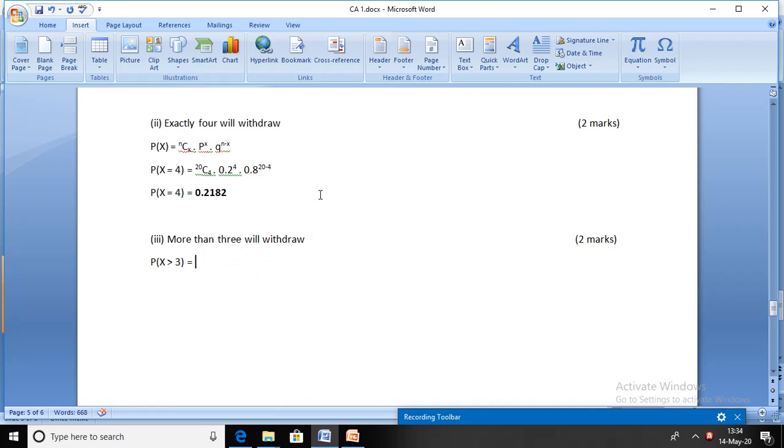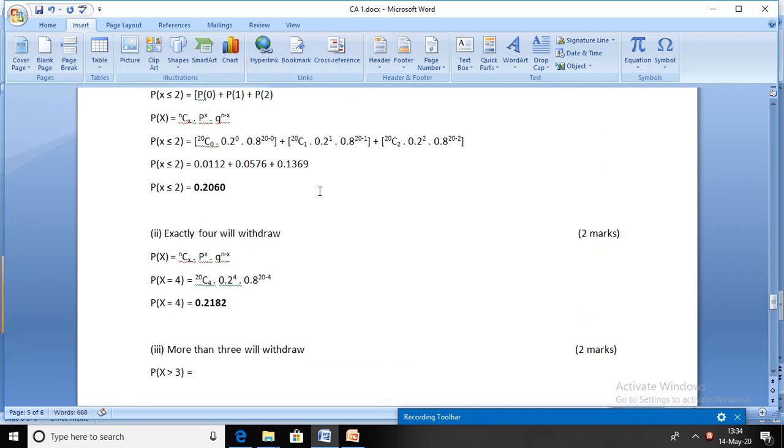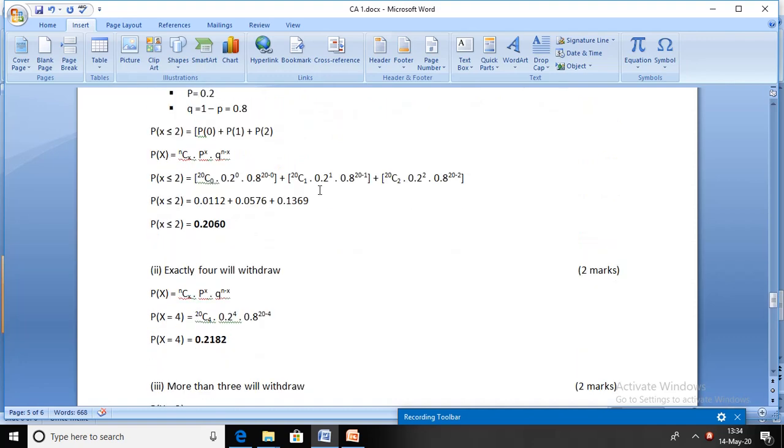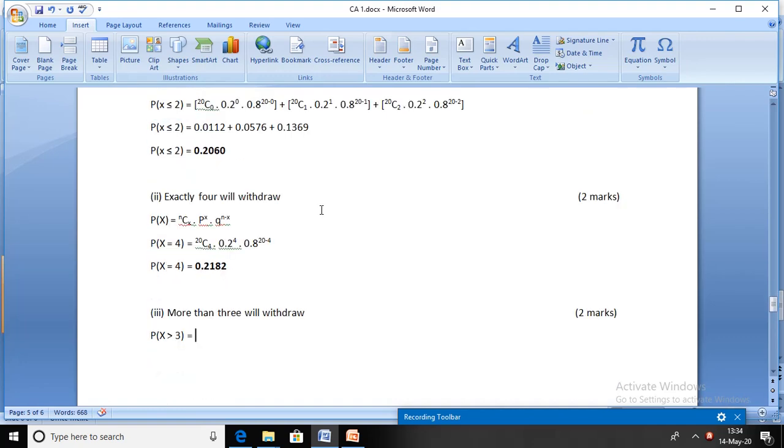Look at the sample size. The sample size you have is 20 students. So if you are calculating the probability of x more than 3, you have the probability of 4 or 5 or 6, 7 up to 20. You are not going to have that time in an exam to calculate up to the 20th probability.